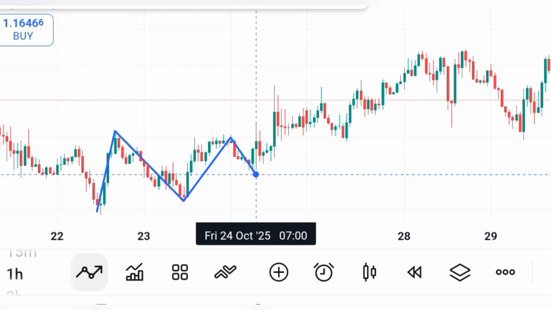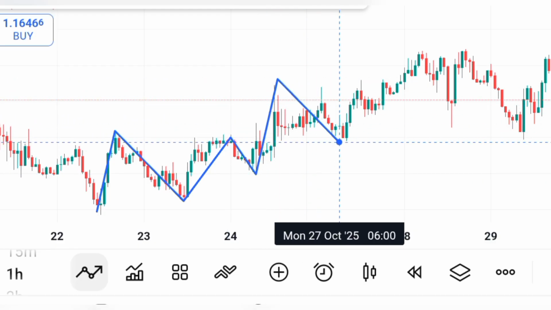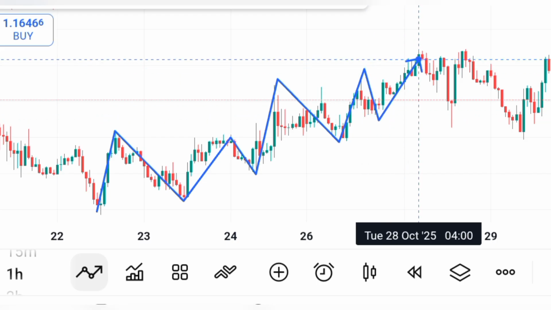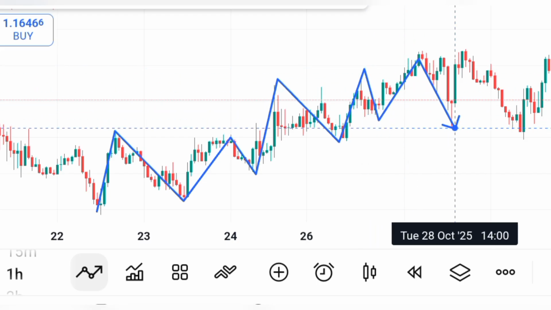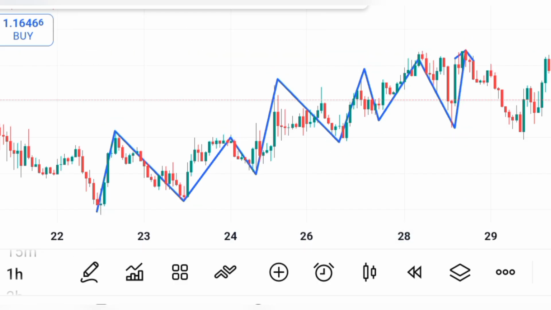There were always breaks of market structure, and whenever the market broke the structure, it always made a retracement. So we always look at the retracement. Where is it going to retrace up to before it moves in our direction?